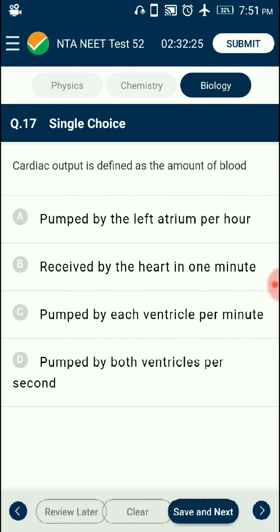Thus the stroke volume, which means the volume pumped out by each ventricle in one cardiac cycle, multiplied by heart rate, the number of cardiac cycles occurring in a minute, gives us cardiac output. Thus the cardiac output is the amount of blood pumped out by each ventricle per minute. It is around 5 liters or 5000 ml in a healthy individual. So the answer is option C, pumped by each ventricle.